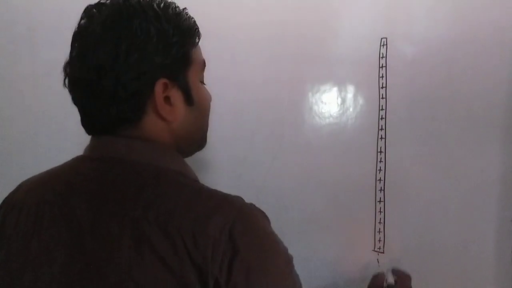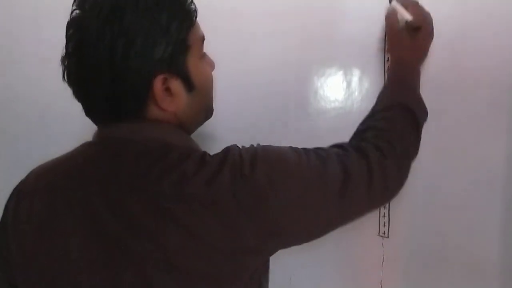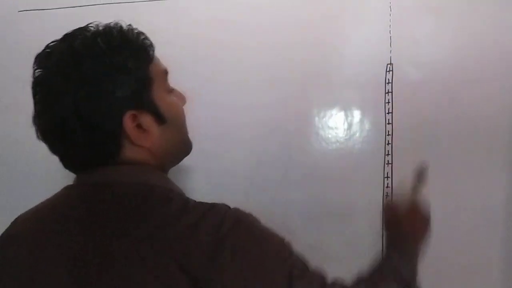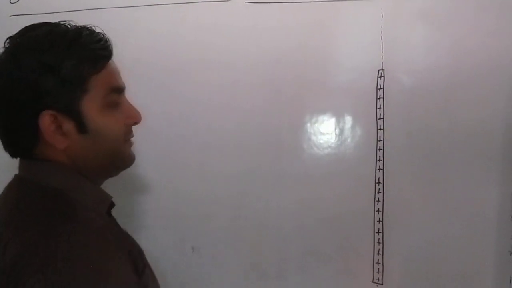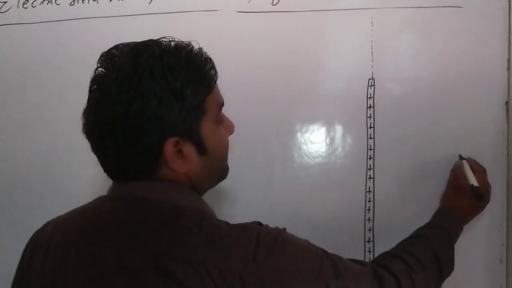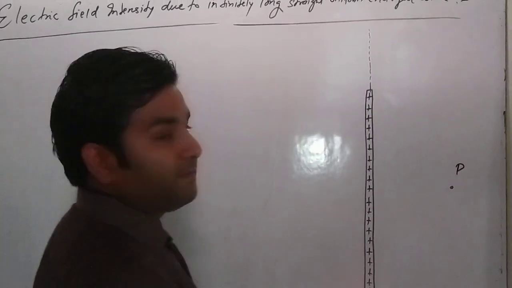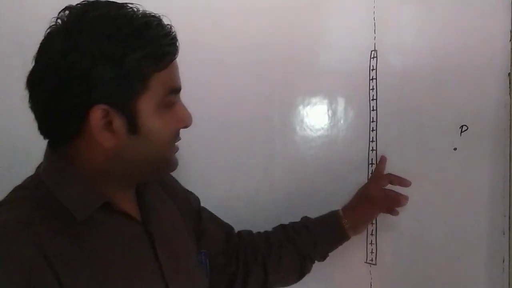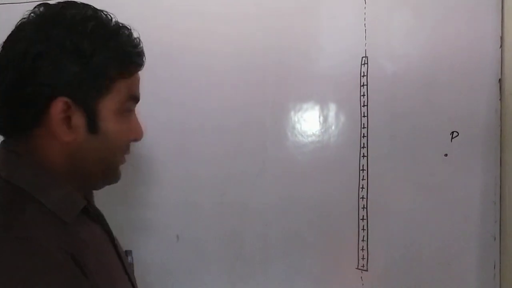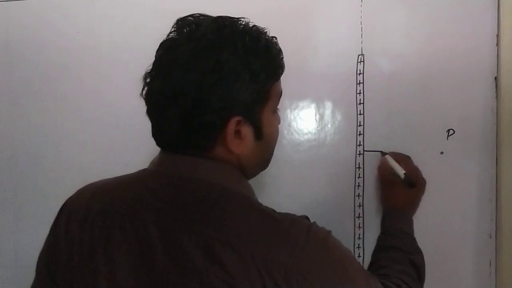The length extends downward and upward in the same way. We have to calculate the electric field intensity at point P. The value of electric field intensity at point P depends upon the position of this point. Now, this is the distance R.